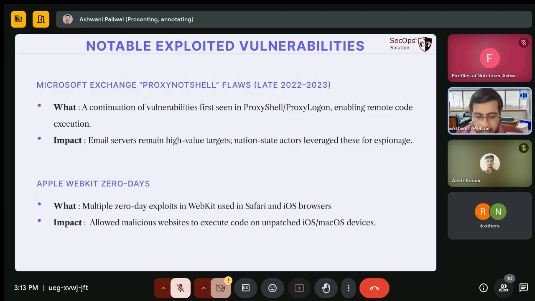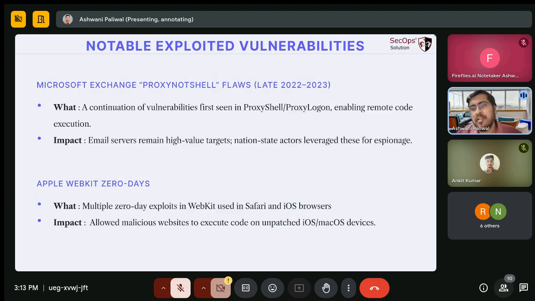So this is currently the trend of the vulnerabilities that we are seeing, and it is not just limited to a specific vendor or a specific type of exploitation. We are just seeing that it's a myriad of different areas through which people can start exploiting.